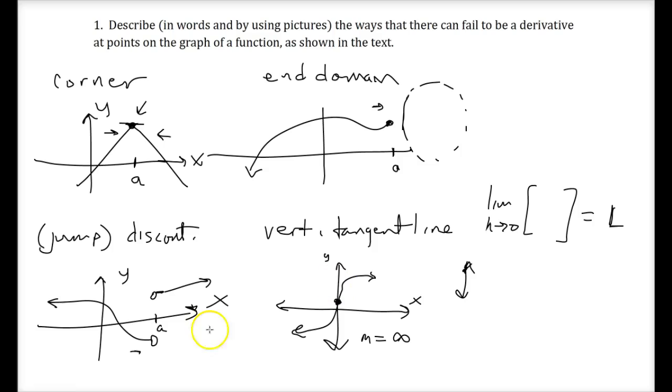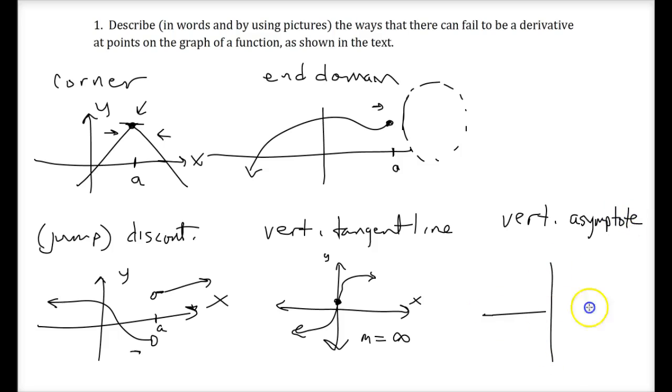All right, so let's move on to the last example, or the last answer to this question. All right, so the last answer to this would be what's called a vertical asymptote. Of course, vertical asymptote, an example of that would be something like this. And we see these a lot in our rational functions.